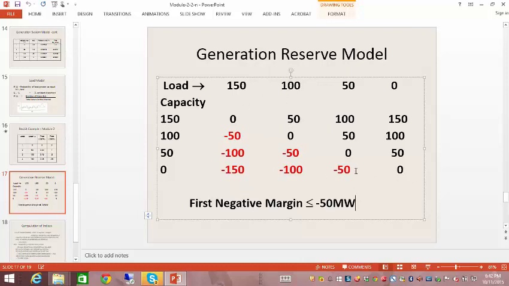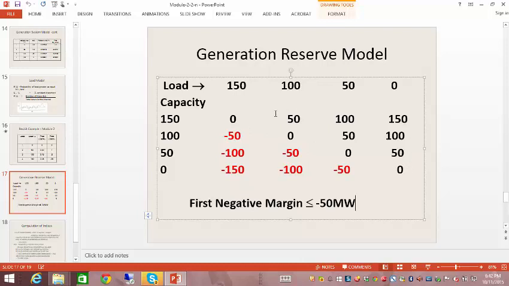Obviously the negative margins represent the situations when there is a loss of load. Here the capacity and the load are exactly equal.